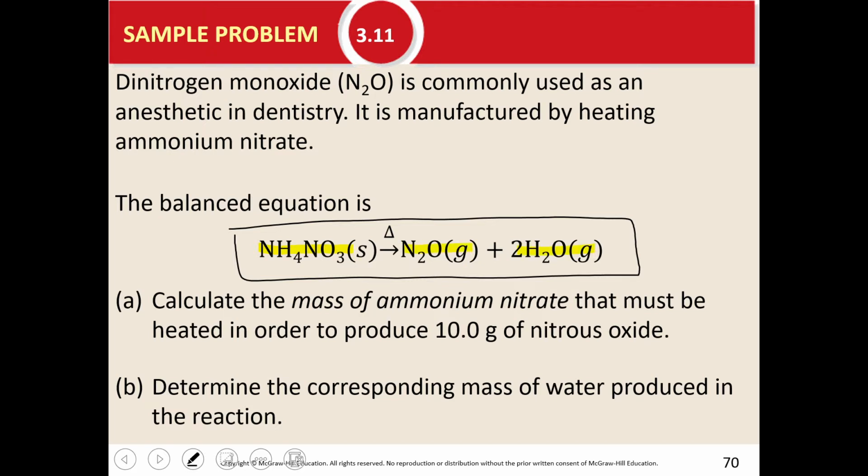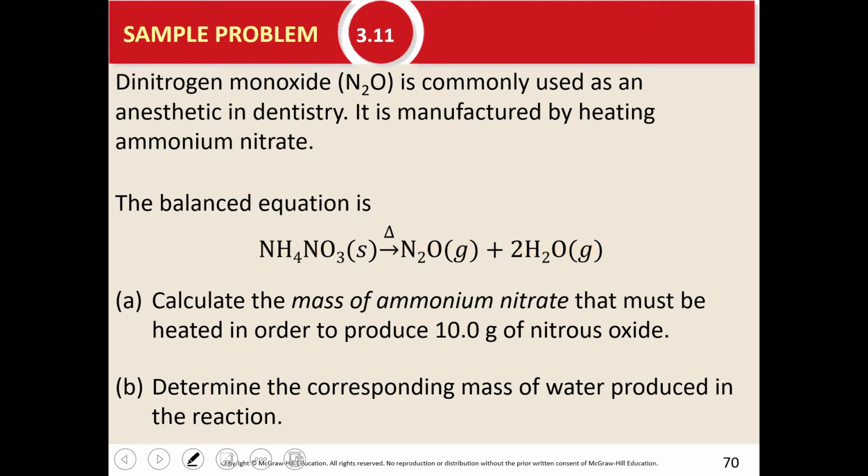So it's asking us to calculate the mass of ammonium nitrate needed to produce 10 grams of nitrous oxide. That's another name for dinitrogen monoxide. It's a common name.